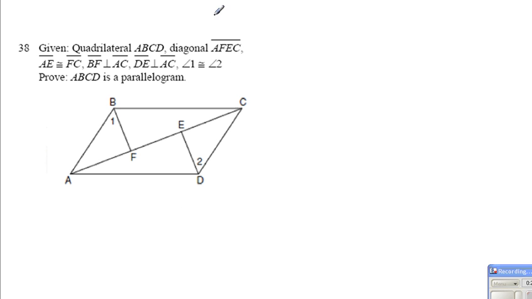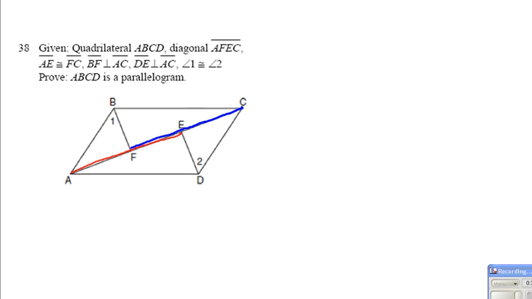Number 38. Here, what we can say is first, AE, that means this line segment, the red one, and FC, this line segment, the blue one, are congruent to each other. All right.